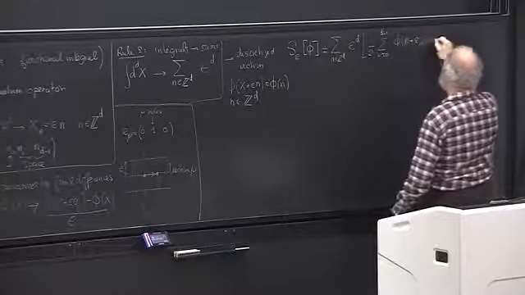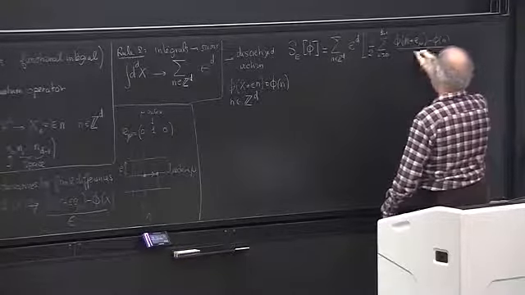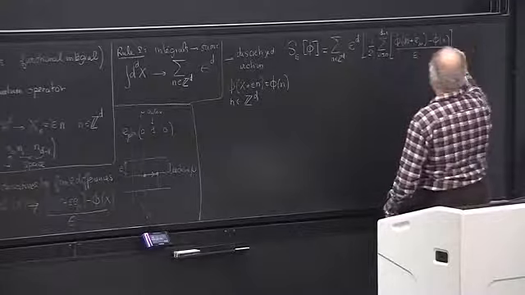Remember, those are vectors. Minus phi of n divided by epsilon, squared.